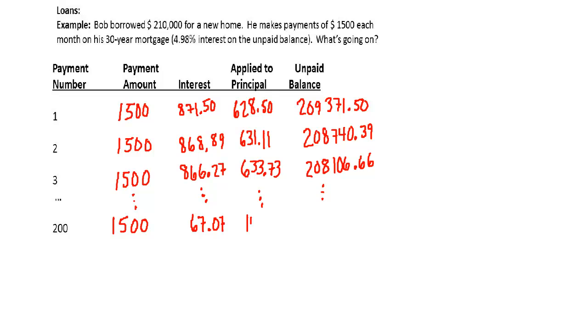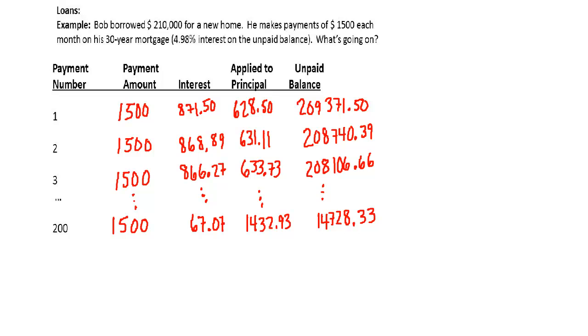The large majority, most of his payment, is actually going toward the balance at this point, so that after making his 200th payment, Bob only owes $14,728.33. And it's only going to take a few more payments before Bob has paid off his 30-year mortgage early by paying more than the minimum monthly payment that was required.